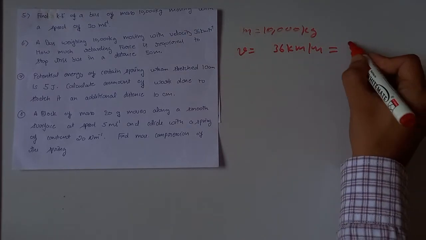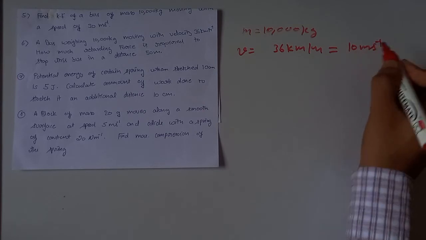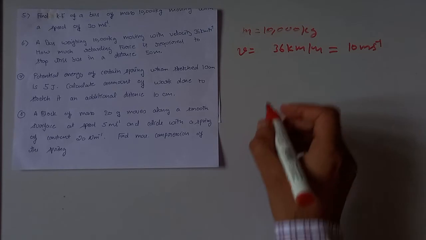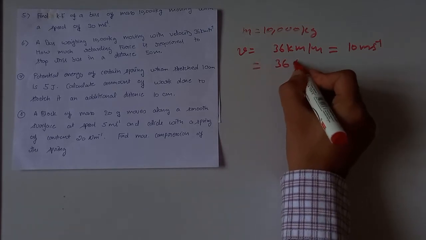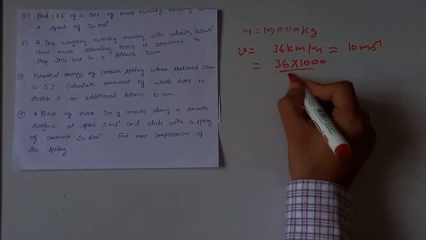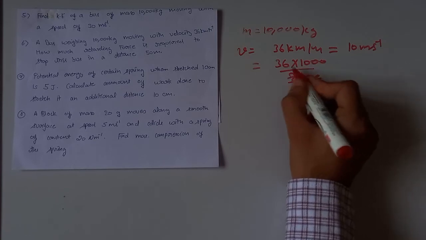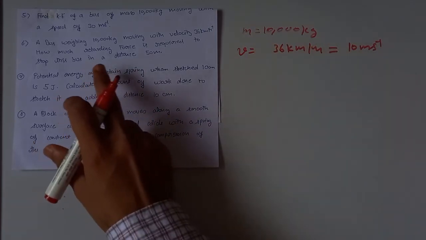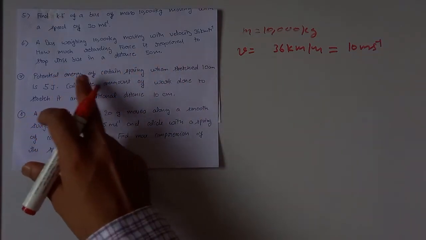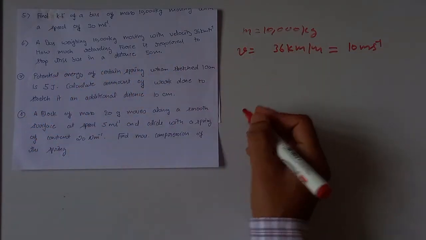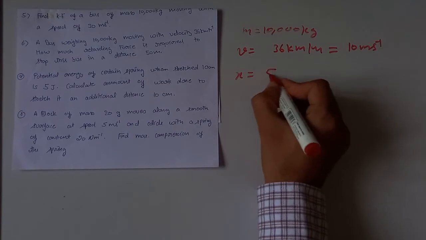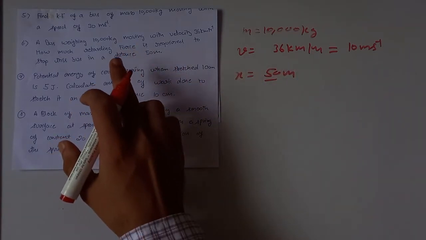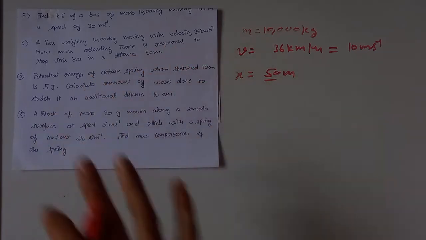Convert it into meter per second, which is equal to 10 meter per second, because 36 into 1000 divided by 3600 is 10 meter per second. Now, how much retarding force is required to stop this bus in a distance of 50 meter? Here x is 50 meter. We have to calculate the retarding force which is required to stop the bus.